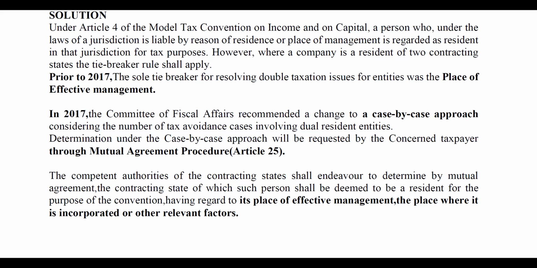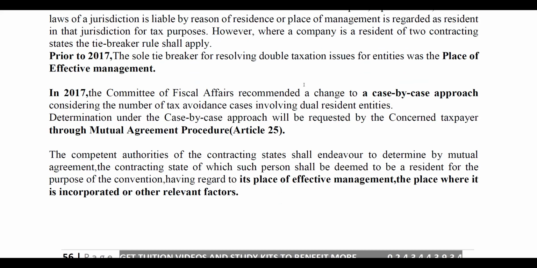Prior to 2017, the sole tiebreaker rule for resolving double taxation issues for entities was the place of effective management. In 2017, the Committee of Fiscal Affairs recommended a change to a case-by-case approach, considering the number of tax avoidance cases involving dual residents, right? Determination under the case-by-case approach will be requested by the concerned taxpayer through mutual agreement procedure.